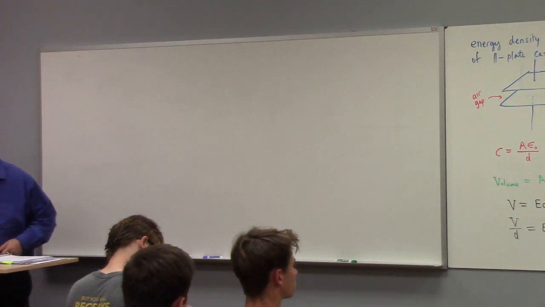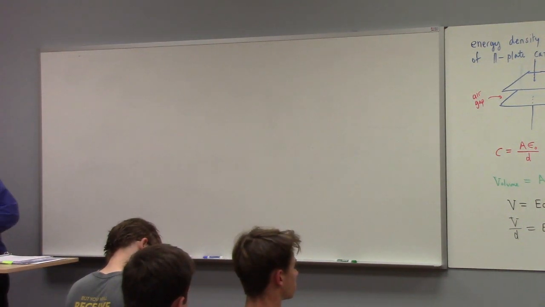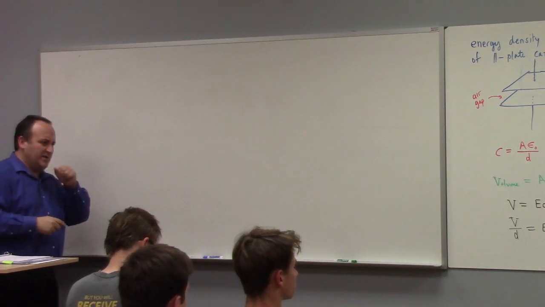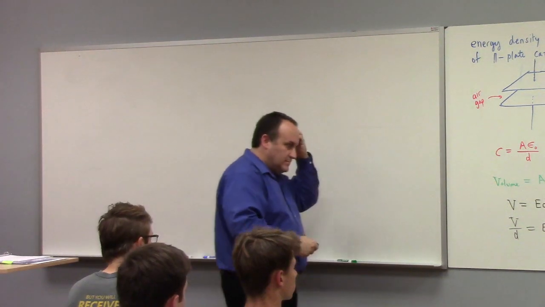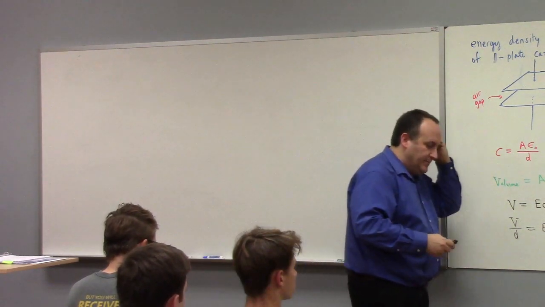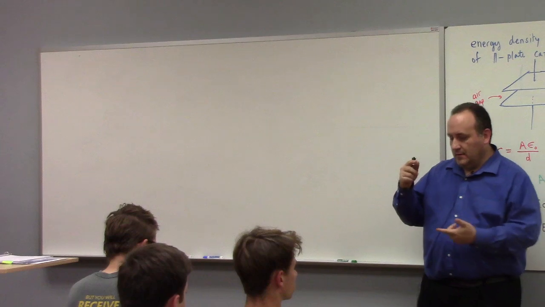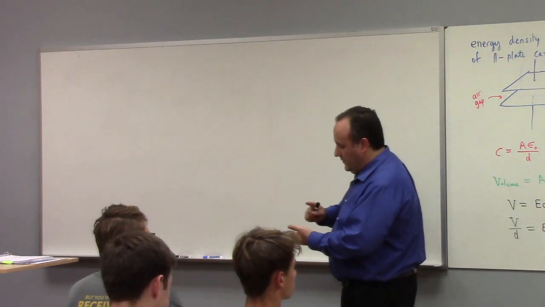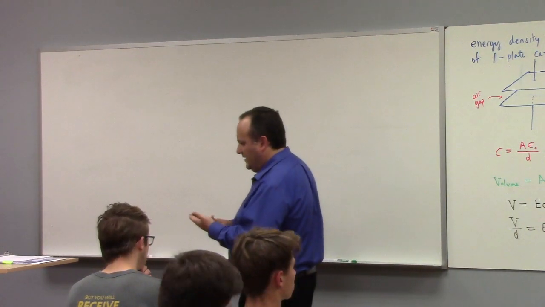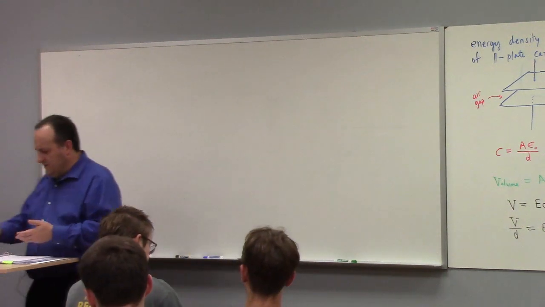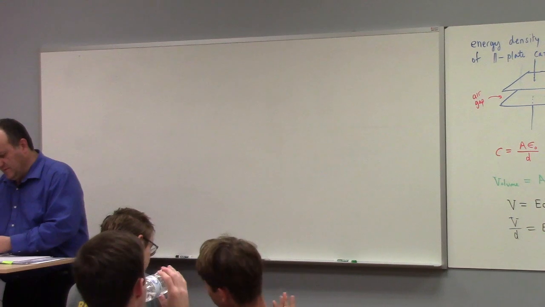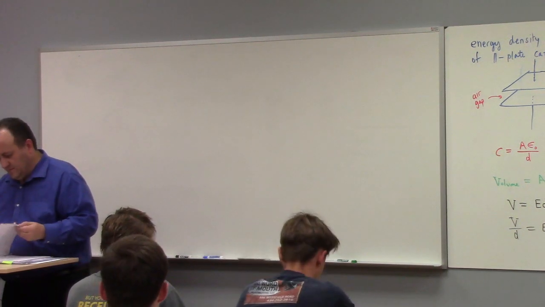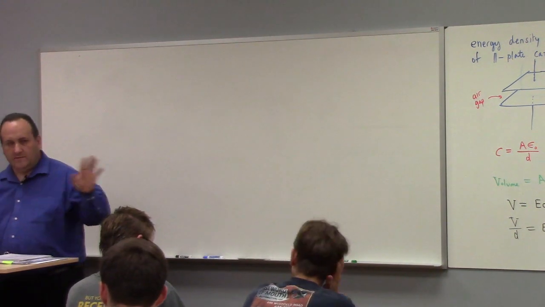Let's talk more about circuits, unless you guys have a question. I posted the recommended homework for chapters 23, 24, 25. Am I missing a chapter? And 26. Yeah, and 26. So they're all posted.